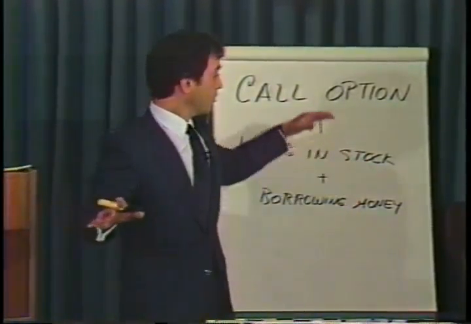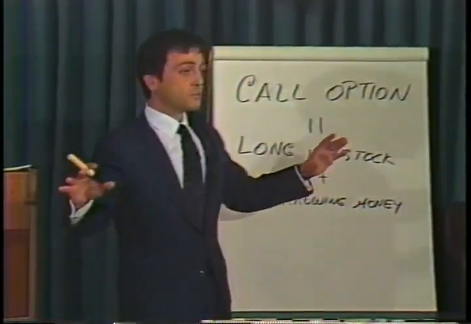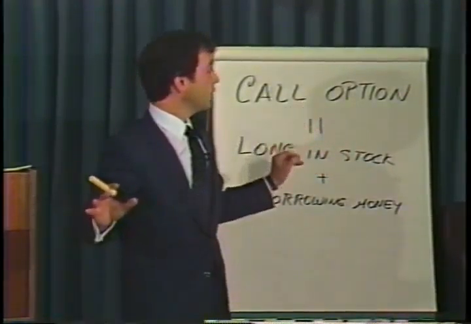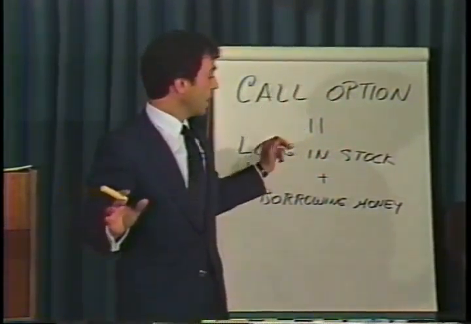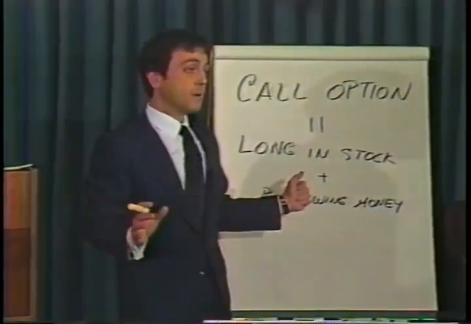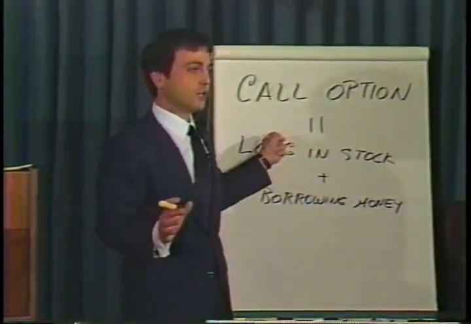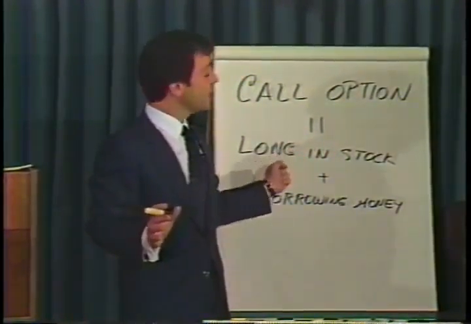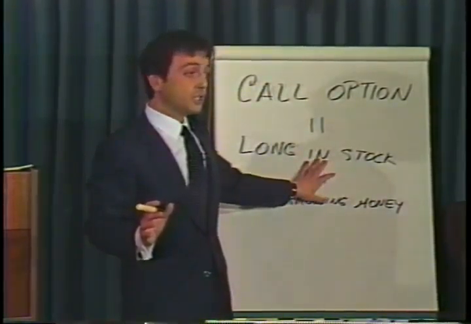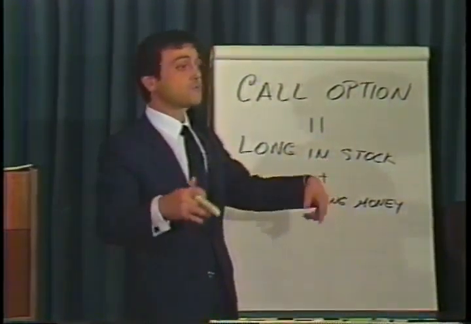And therefore, by forming an arbitrage mechanism via which you can sell call options, and then cover yourself by buying delta shares of the stock, that's where delta comes in, and borrowing money, you really only expect to make the risk-free rate of interest.